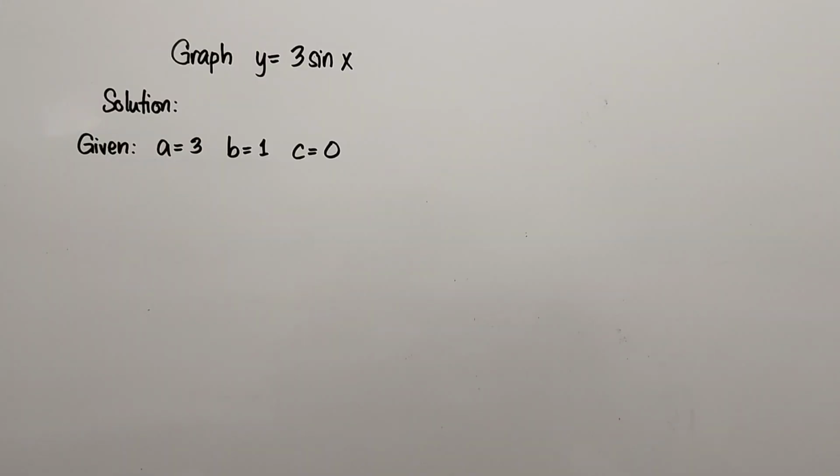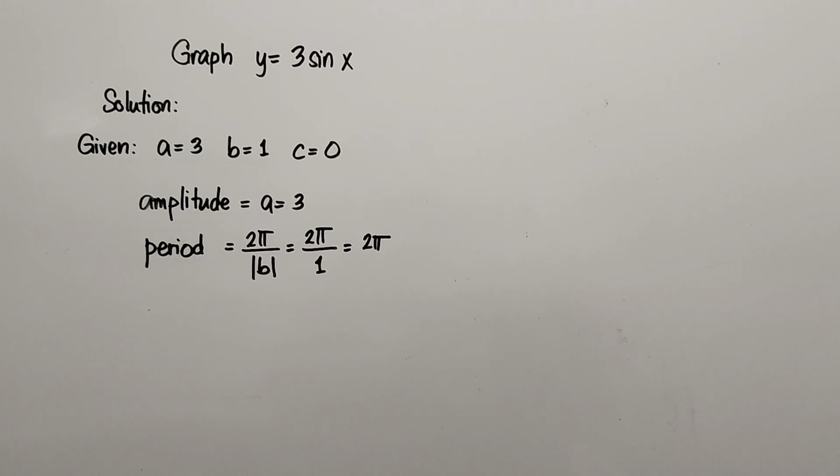For y equals 3 sine x, we need to identify the values of our a, b, and c. And from that given, our a is 3, the b is the numerical coefficient of our x, which is 1, c is 0. From that given, we can now identify our amplitude as well as the period.